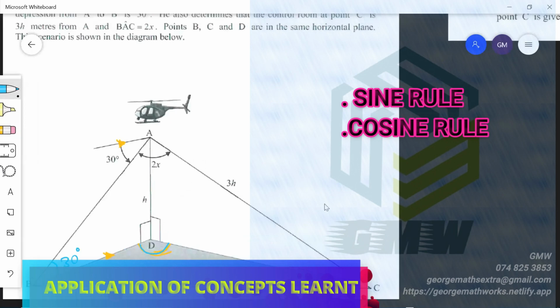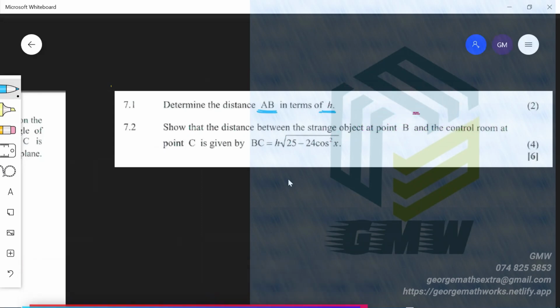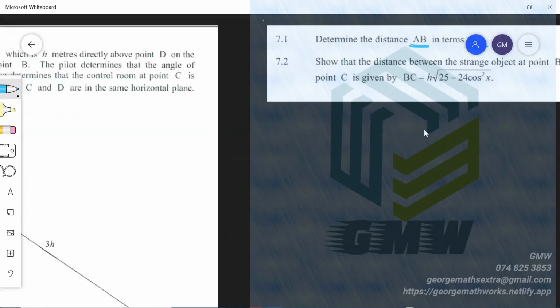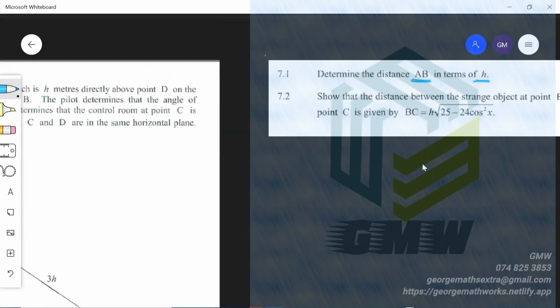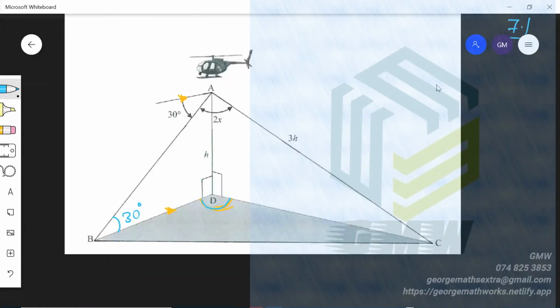The first question says, determine distance AB in terms of h. So we want to create an equation that is in terms of h. That's our 7.1. It is allowed to extract the piece of diagram that has the information you need.